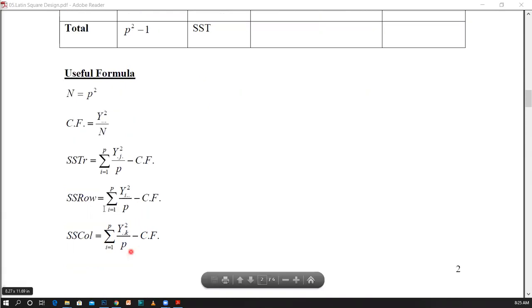For SS row, we take the row sums, square them, sum them, divide by p, then subtract the correction factor. For the columns, the column totals have to be obtained, squared, summed, divided by p, and then the correction factor is subtracted.